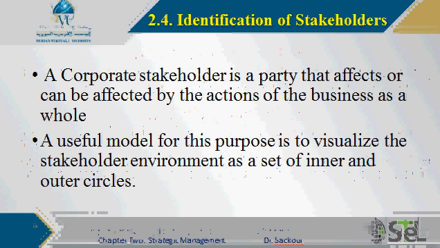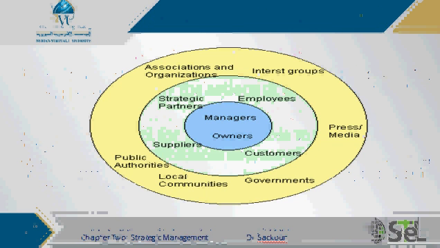A useful model for this purpose is to visualize the stakeholder environment as a set of inner and outer circles. We have inner and outer circles. Look at the following slide. You can see there are different stakeholders who have an interest in your company, your organization.